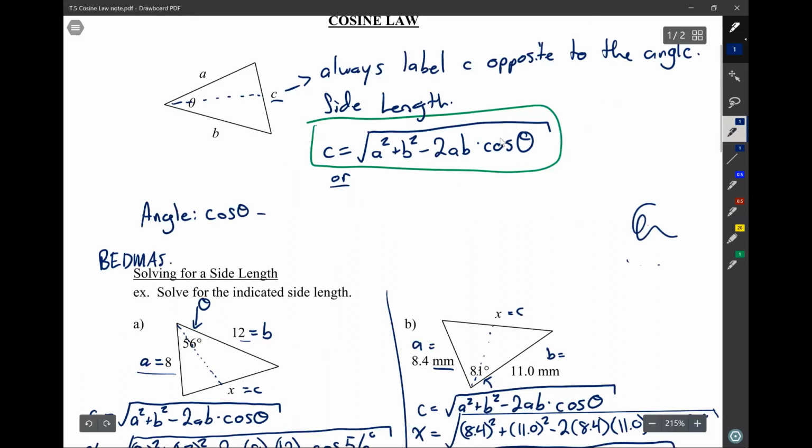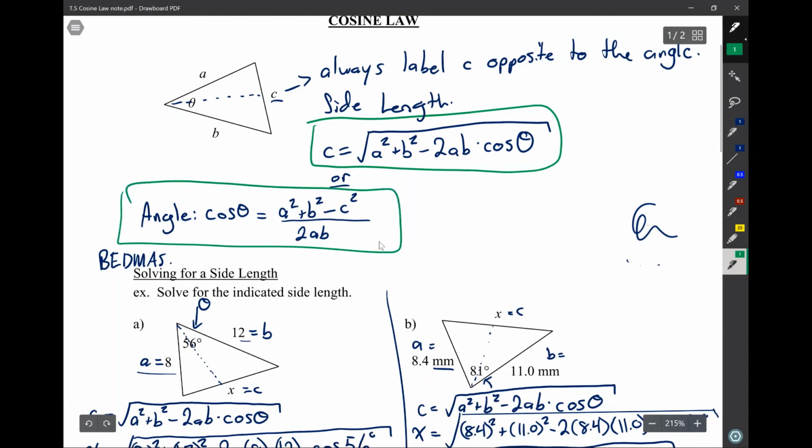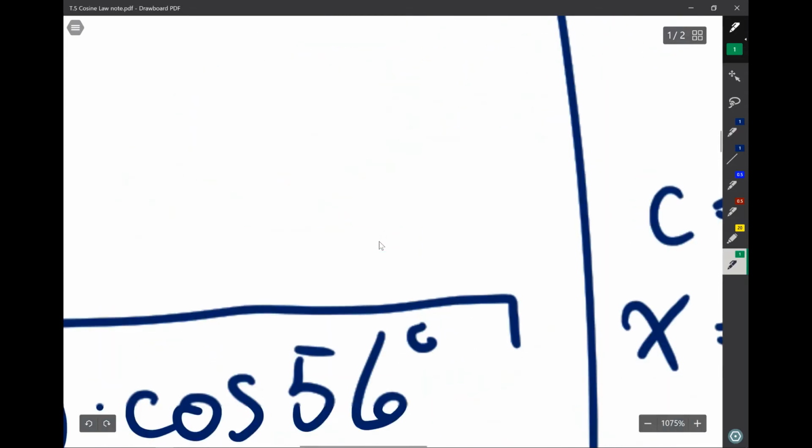So cosine of theta equals a squared plus b squared minus c squared, all divided by 2ab. I can use this when I'm trying to find an unknown angle. I can use the other form when I'm trying to find an unknown side length. So let's work with this now and see what we can do with it.